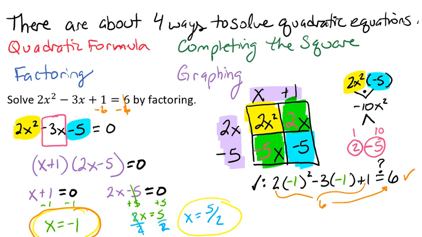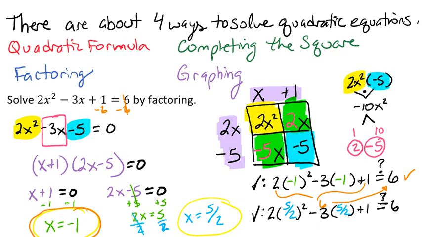And now we'll check our second answer. We'll do the same thing. We'll leave spaces. And again, we want to know, does it equal 6? So we'll plug in 5/2. And again, we're going to use our calculator, and we're going to type in 2 times the fraction 5/2 squared minus 3 times the fraction 5/2 plus 1.